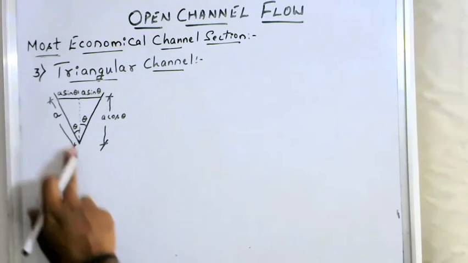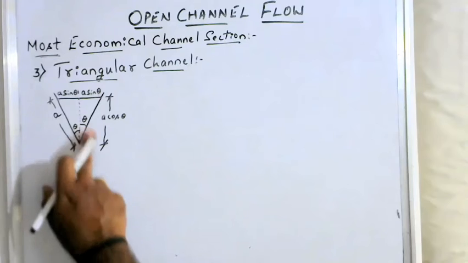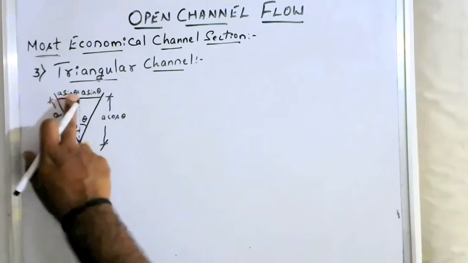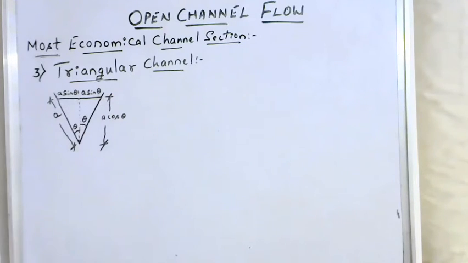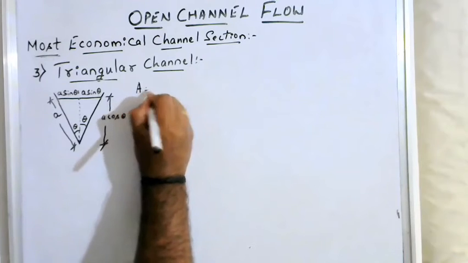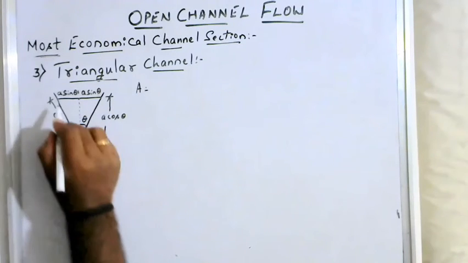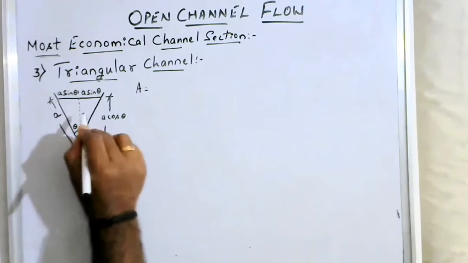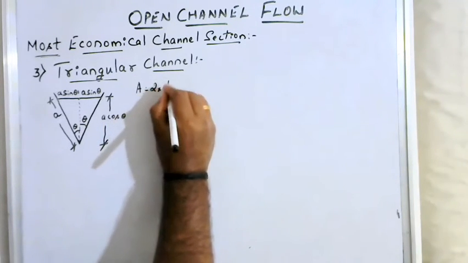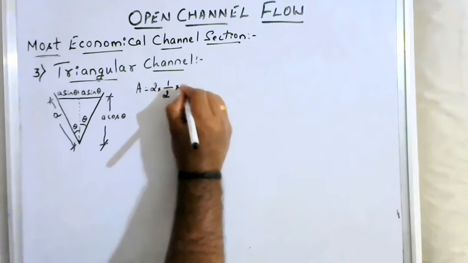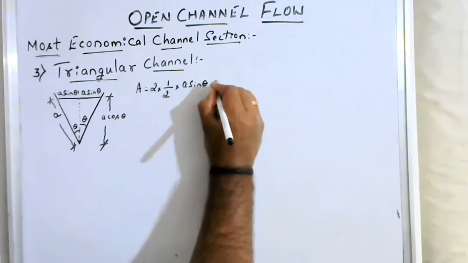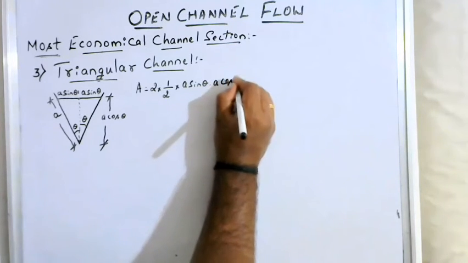So each side slope is a, the total angle is 2 theta, or each subtended angle is theta. This distance is a sine theta, this is a sine theta. The depth will be a cos theta. Let me write the area of the channel. Area is equal to half into base into height, that is one triangle, plus the other, so 2 times half into base a sine theta into height a cos theta.